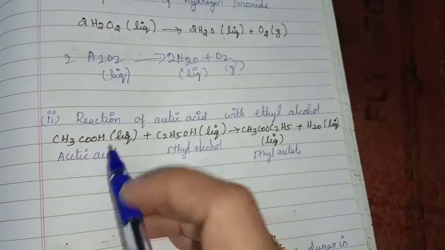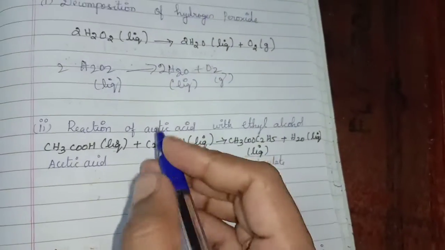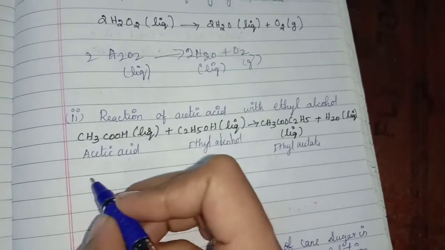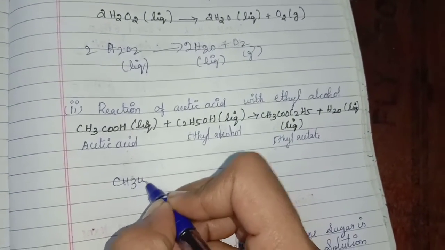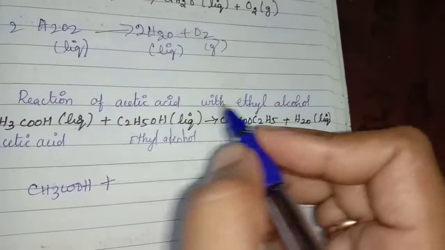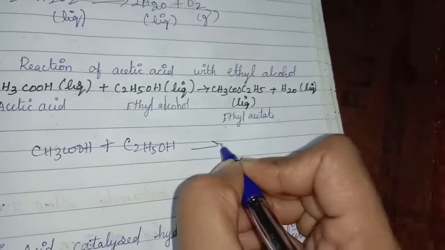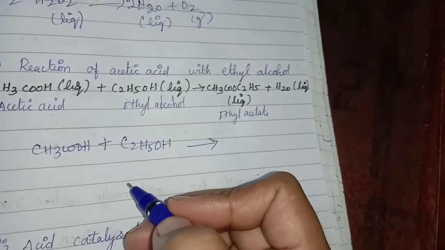The second example is the reaction of acetic acid with ethyl alcohol. What is the acetic acid formula? CH3COOH, plus ethyl alcohol, whose formula is C2H5OH. So these two are reacting. How are they reacting?